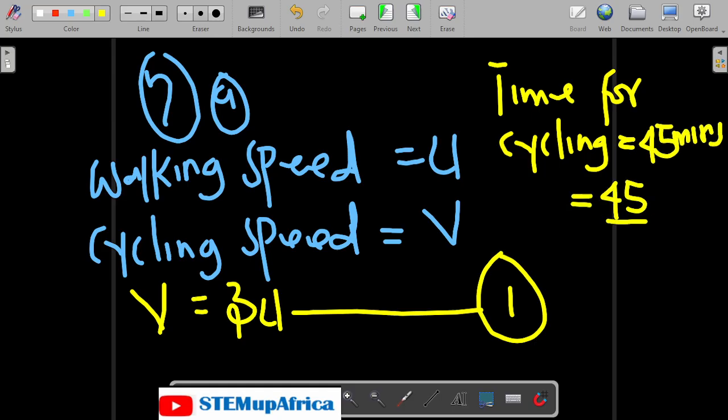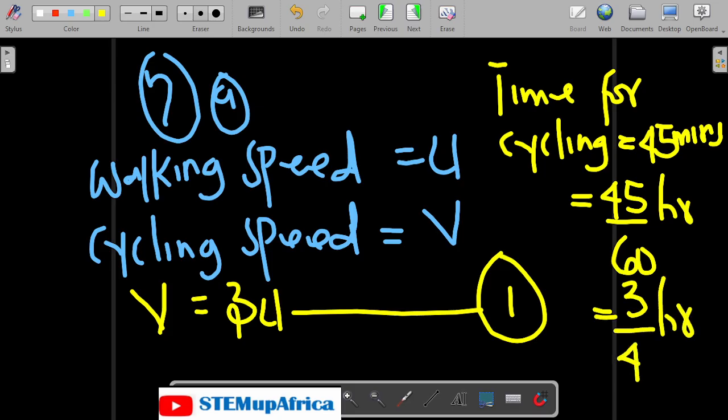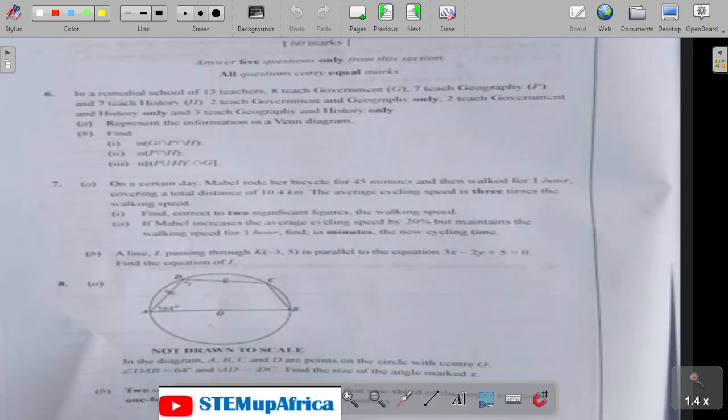I'm having 45 over 60 hours. If I press my calculator, 45 divided by 60 will give me 3 over 4 hours. This is now the cycling time, while the walking time is 1 hour.